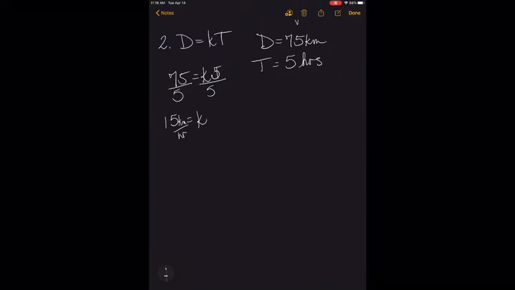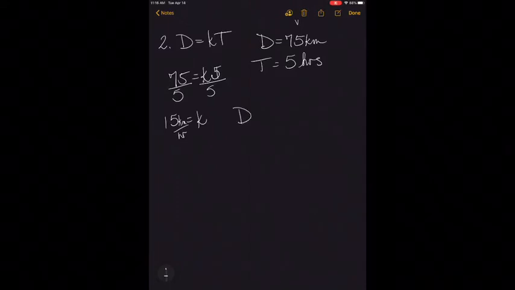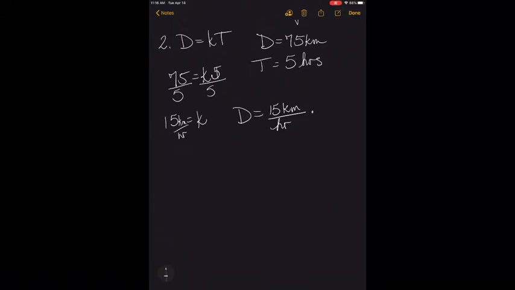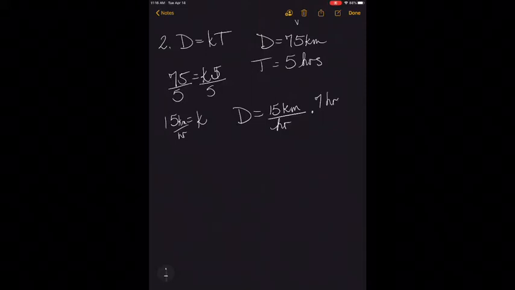So now we can use that constant to figure out how far it will go in 7 hours. We just multiply 15 kilometers per hour. Definitely use your units when you're doing this so that you can make sure you're using the right units in the end.